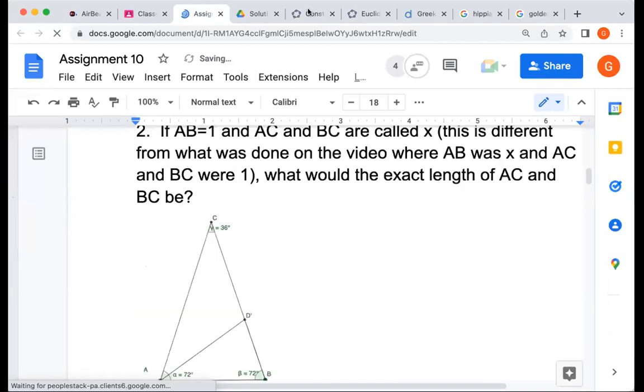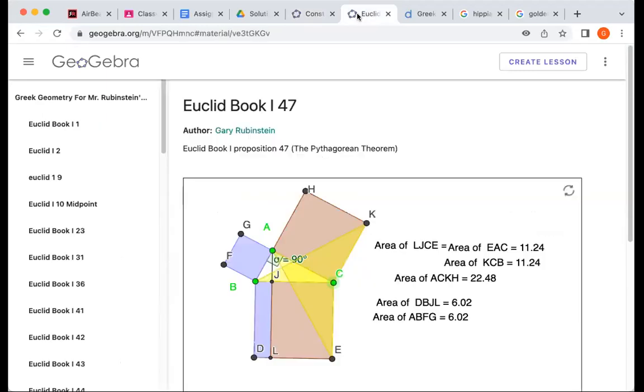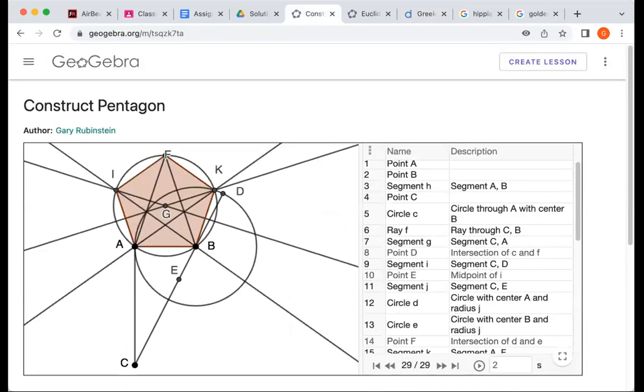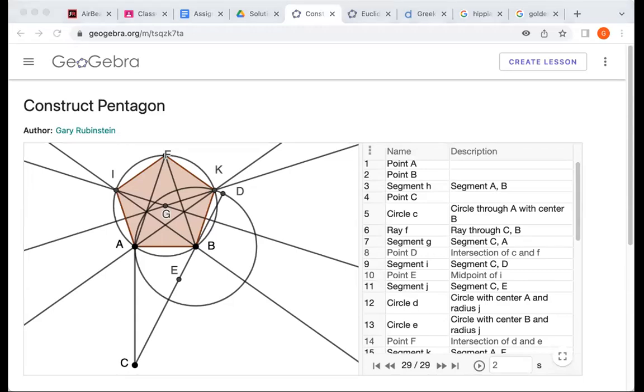For that construction, I have one of these GeoGebra things where you get to do it. Let me just find that, and I'm going to assign it to the class. But I'm also going to give you a video that shows me doing that construction, and the whole video is I think 2 minutes long.